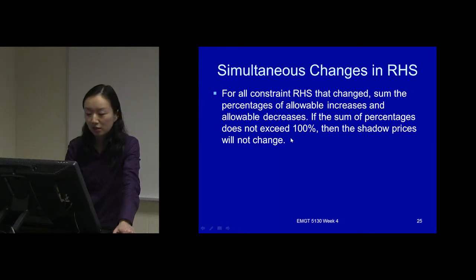So this is saying that if you have 3 constraints and you want to change the right-hand side of 2 of them, whether the shadow prices of these 2 will change depends on this 100% rule again. You sum the percentage of the change in regard to the allowable increase or decrease. If it's less than 100%, then you know the shadow price won't change. Then you will be able to use that shadow price.